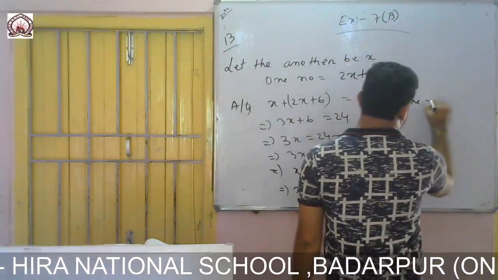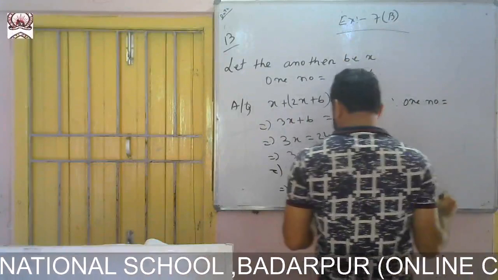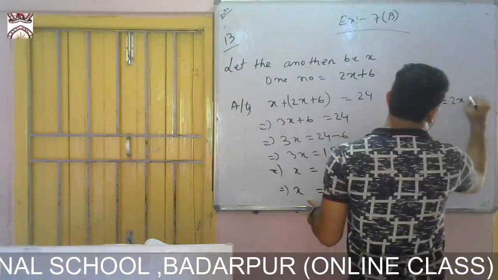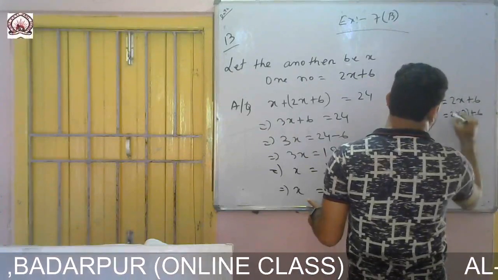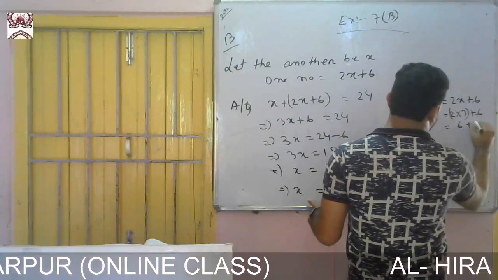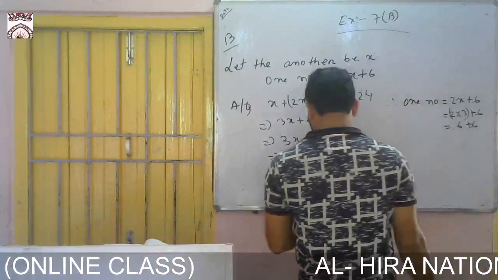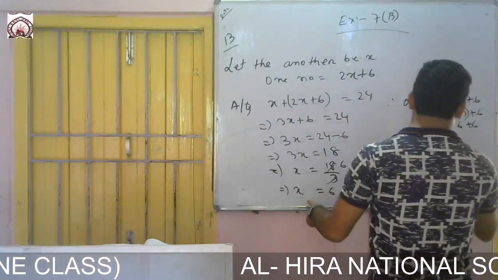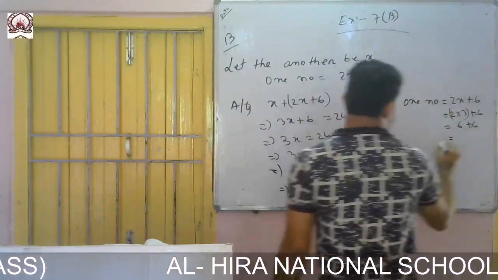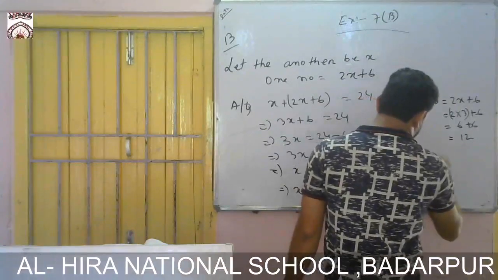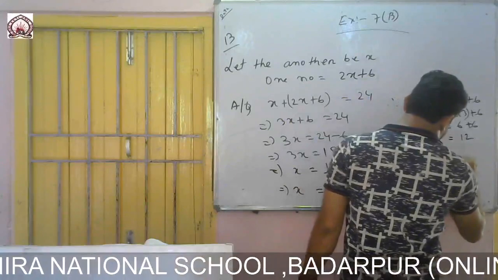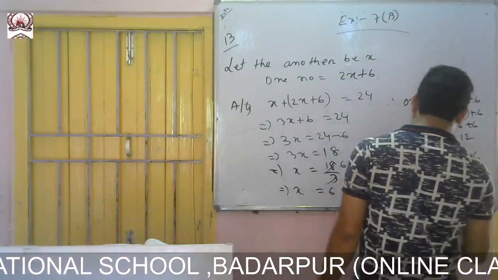Therefore one number equals twice x plus 6, that is 2 into 3 plus 6. 6 plus 6, 2 times of it, so it is 12, and another number equals 6.